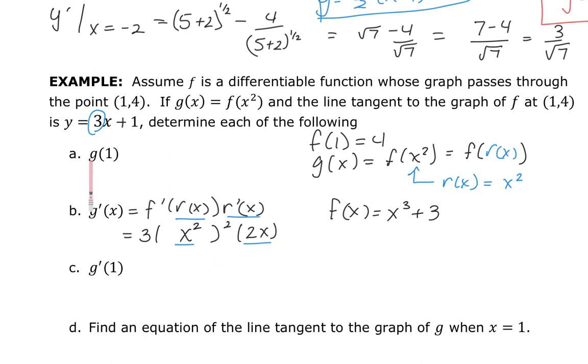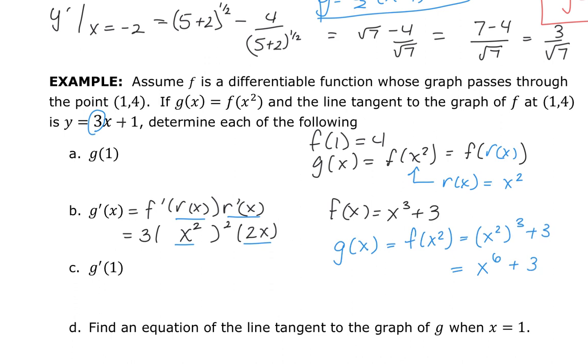Because g of 1, remember g is evaluated as f of x squared, so then g of x is f of x squared, which would be equal to x squared raised to the third power plus 3, which by the power rule is x to the 6th plus 3.